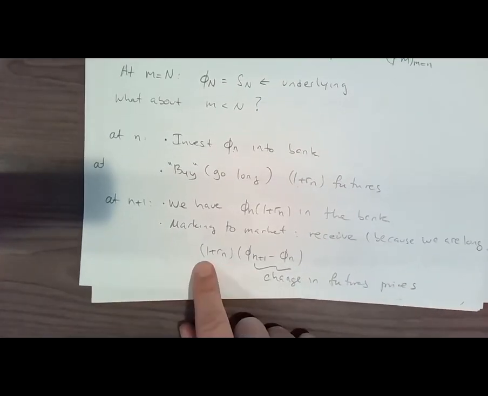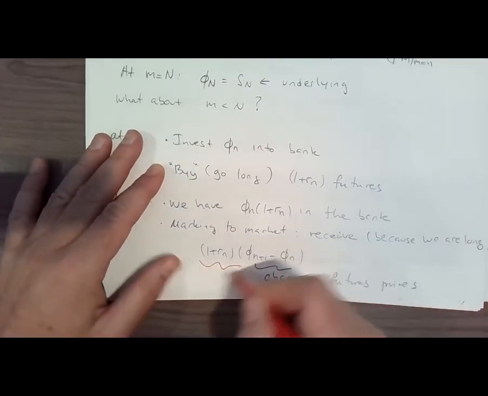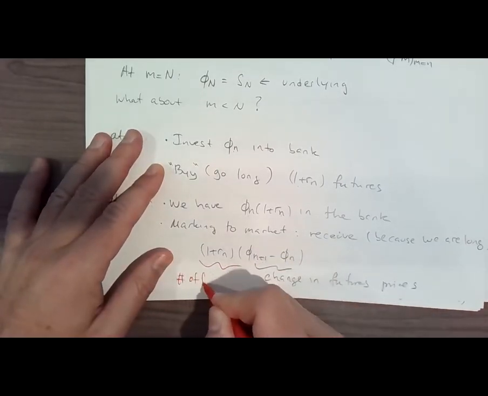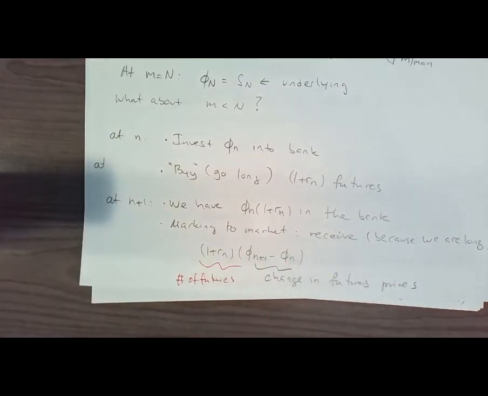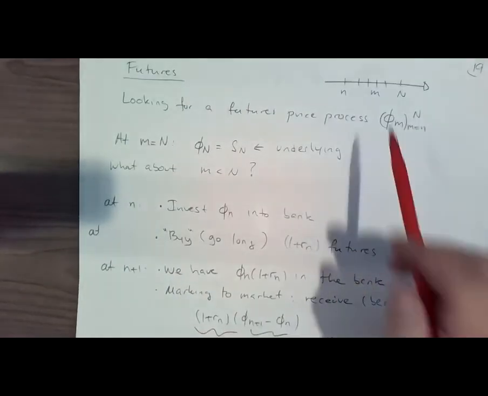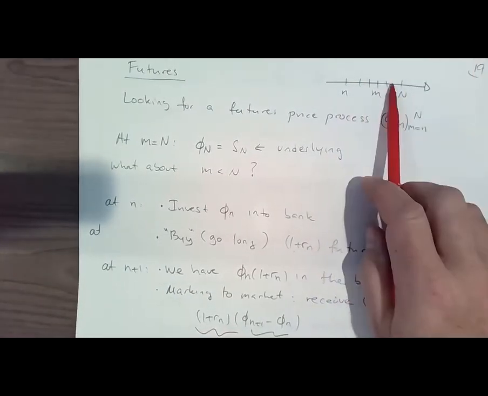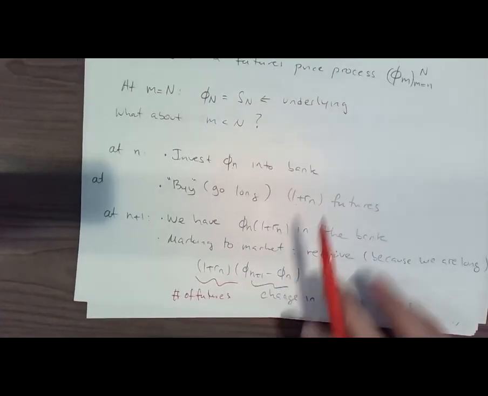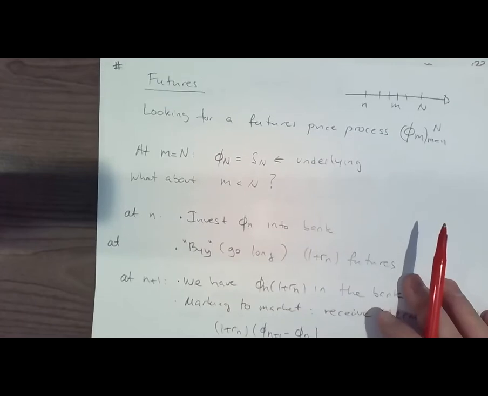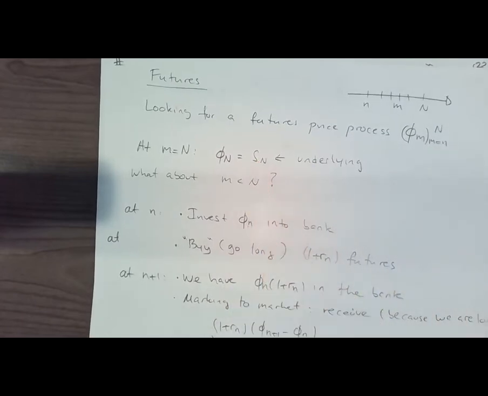You take the number of futures times the price change in the futures price. That happens at every single time point. And then at the end, the last futures price is pinned down to be whatever the futures is written on, so Sn.